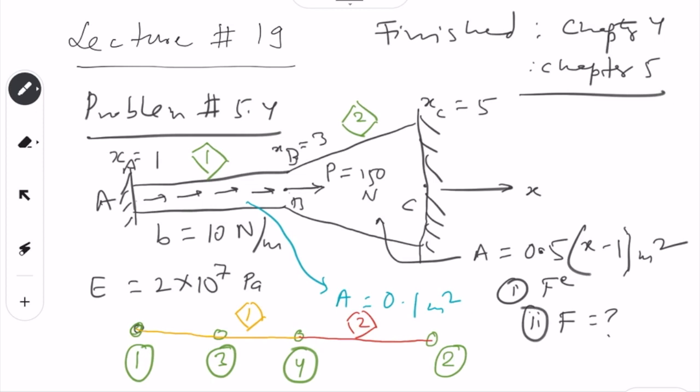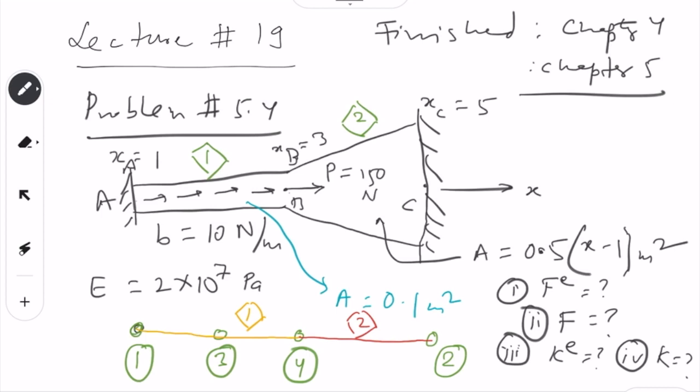Then construct the element stiffness matrices Ke and assemble them to obtain the global stiffness matrix K.